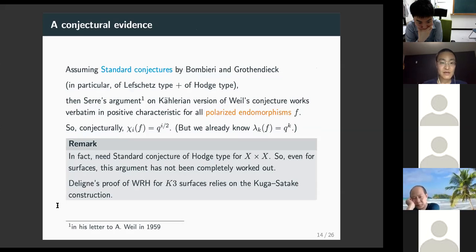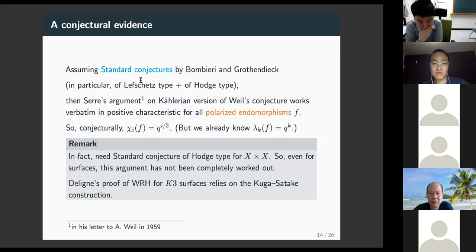Okay, so here's another conjectural evidence. It says that if we assume the standard conjectures by Bombieri and Grothendieck, in particular the standard conjecture of Lefschetz type and of Hodge type, then Serre's argument on the Weil conjecture with the Riemann hypothesis works verbatim in positive characteristic for any polarized endomorphism.